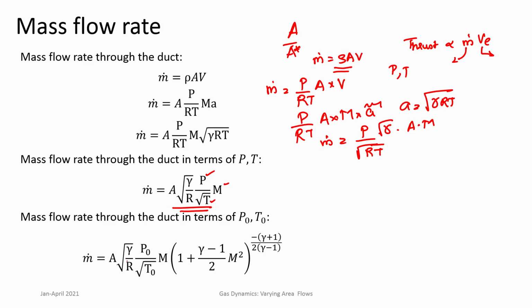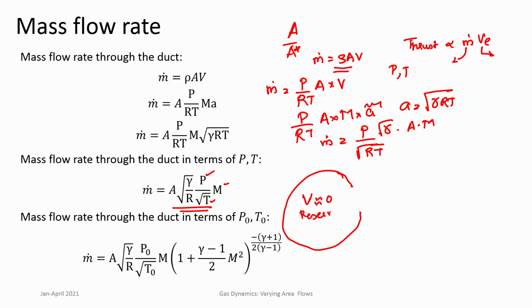But generally static pressure and temperature may not be known. Something that is known is the reservoir conditions, which is pressure and temperature measured in a condition where the velocities are very small. Velocities are approaching 0. The velocities may be a few meters per second, but they may not be very high, and flow need not be compressible in this region. That kind of a system is the reservoir.